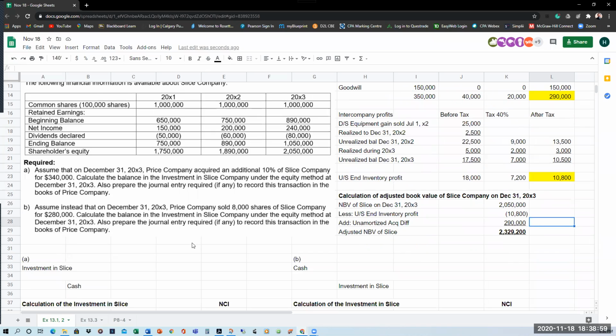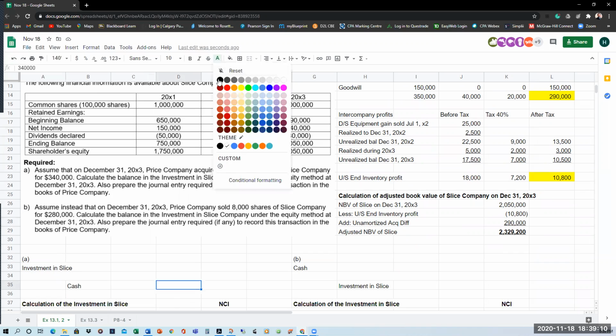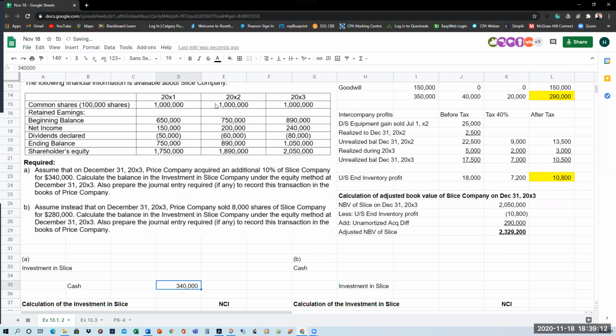So if you think about the journal entry, if Price Company bought extra shares, then they must have paid cash, 340,000 must have been cash going out. So you'll credit cash 340,000. And if they bought an additional stake in Slice Company, then it makes sense that they should debit investment in Slice.